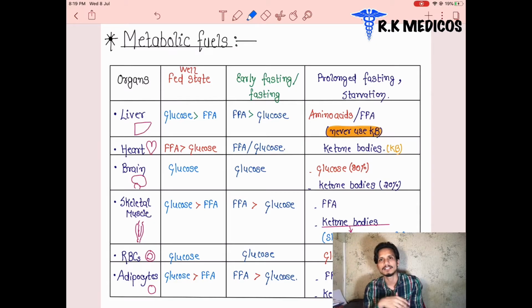We will discuss one by one each organ of our body and what type of energy it utilizes, as shown in the metabolic fuel table.